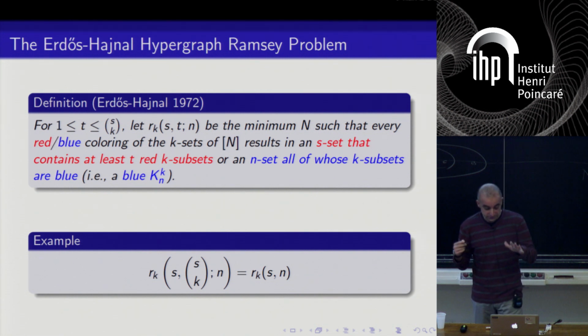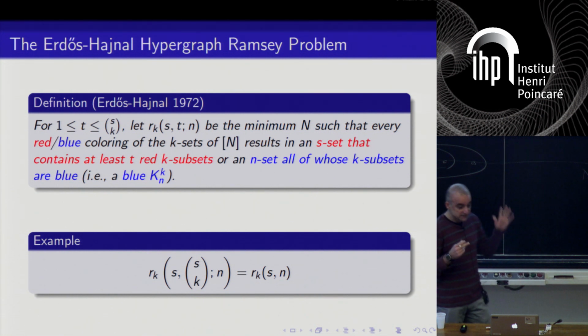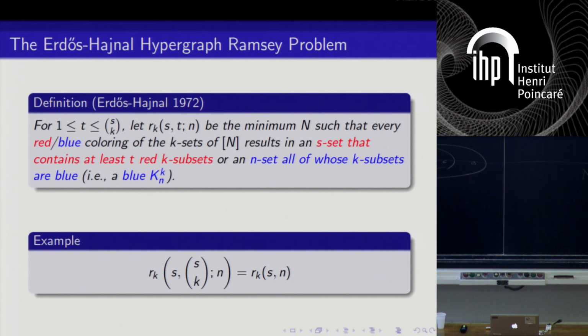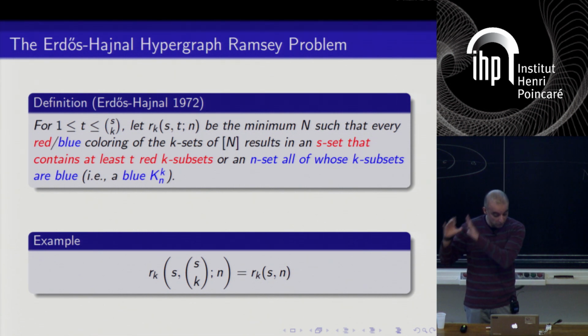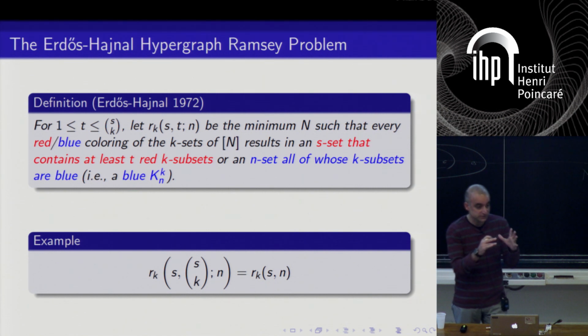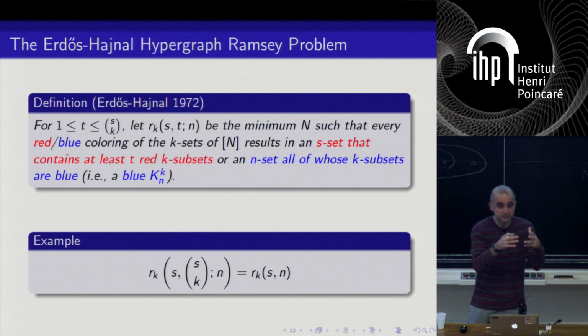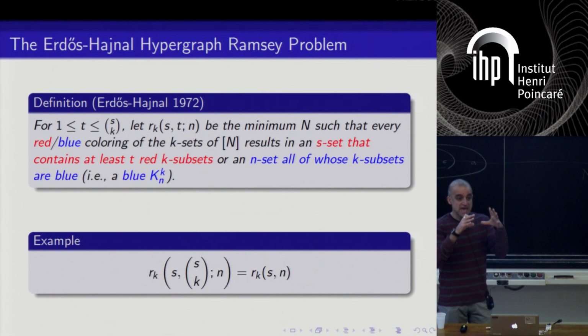So the difference between this and classical Ramsey numbers is that there is a little t. And what that little t is saying is that you want something red or something blue. The blue thing you want is the same as before, a blue clique. But the red object that you're trying to avoid or trying to find, depending on your point of view, is s points that contain t edges in any way possible.